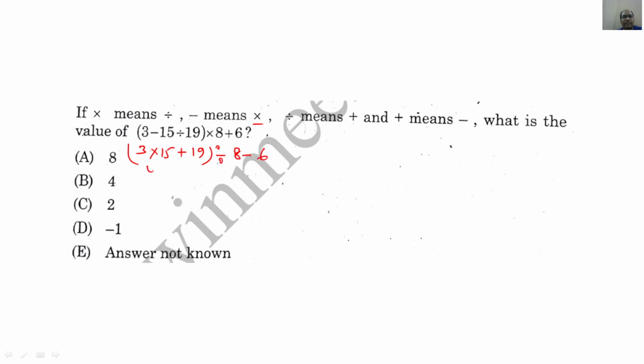We solved here, that is 45 plus 19 and 8 minus 6, we got 64 divided by 8 minus 6. So 8 minus 6 is equal to 2, and our answer came as 2.